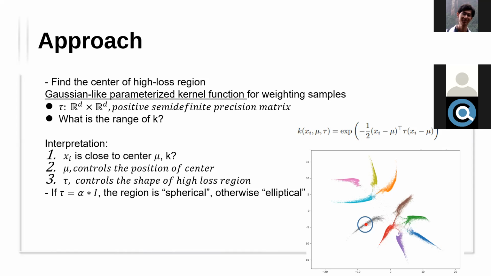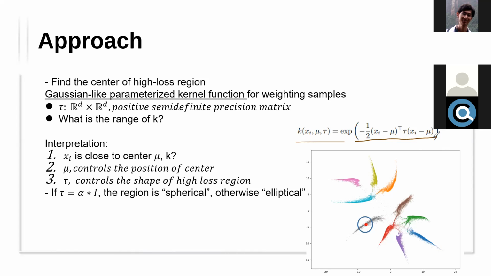So this Gaussian-like parameterized kernel function is to put a weight on each sample. So here, as I showed here, this is the kernel function.